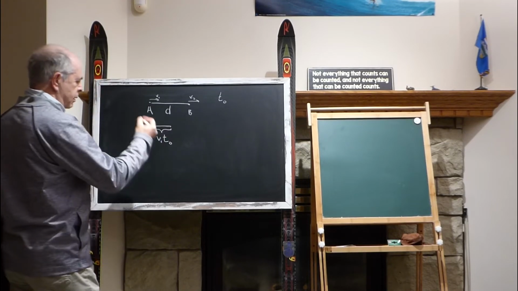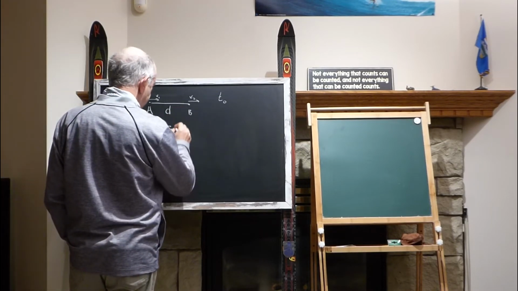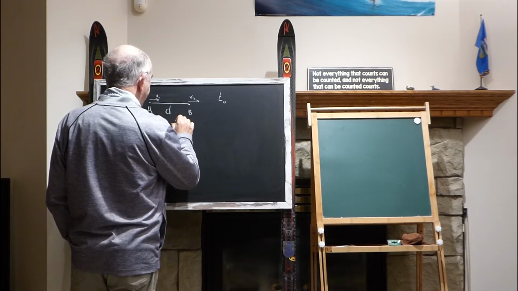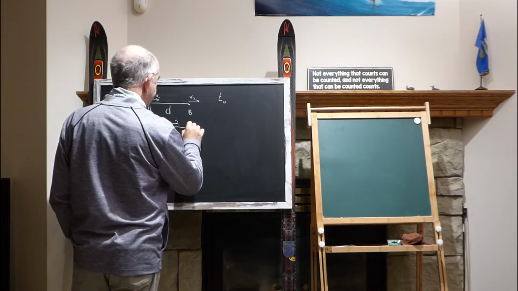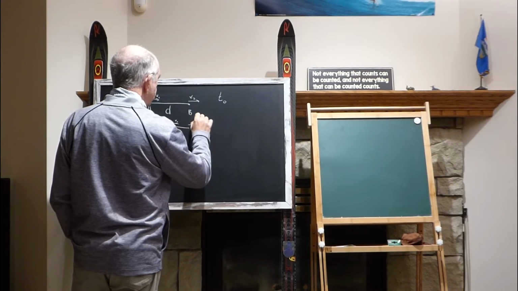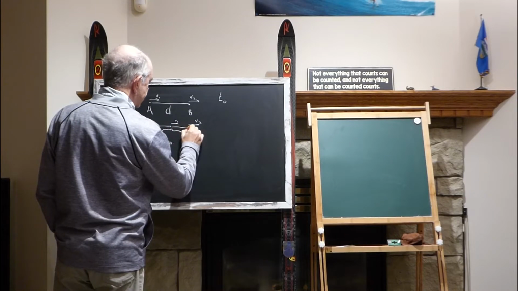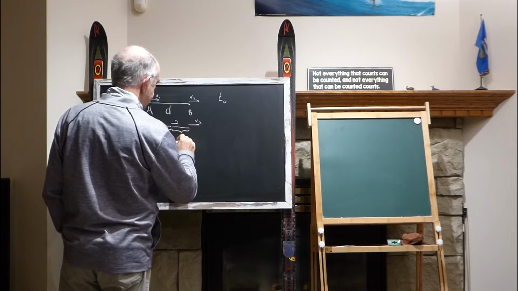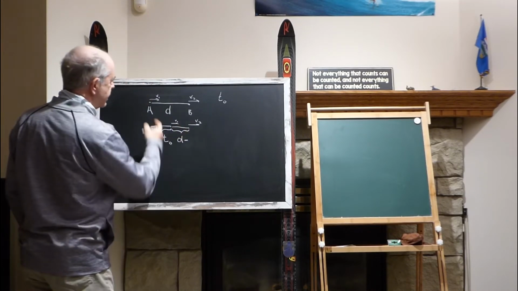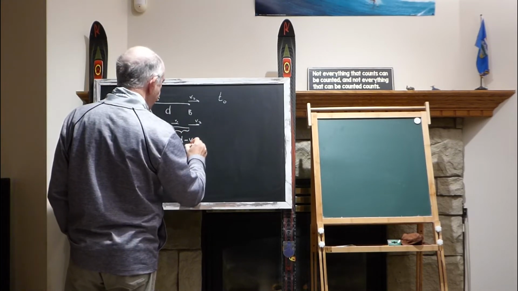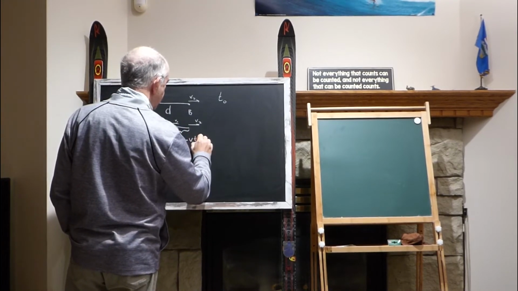Okay, then after that we have two bodies, the first with v1, and the second body moving with v2, and this remaining distance of course is d minus v1 t0.